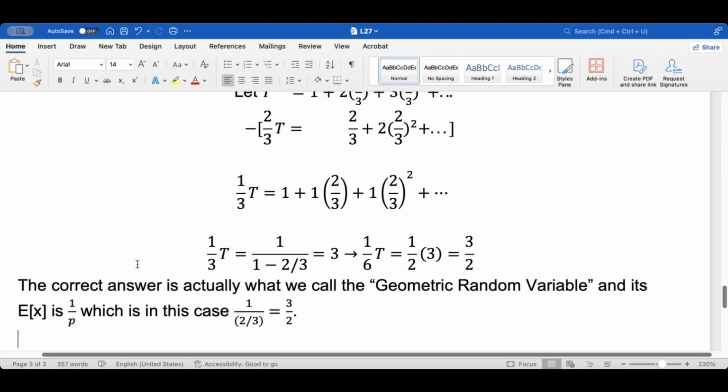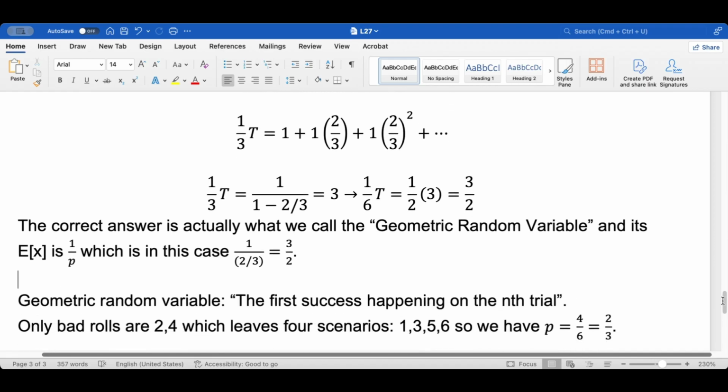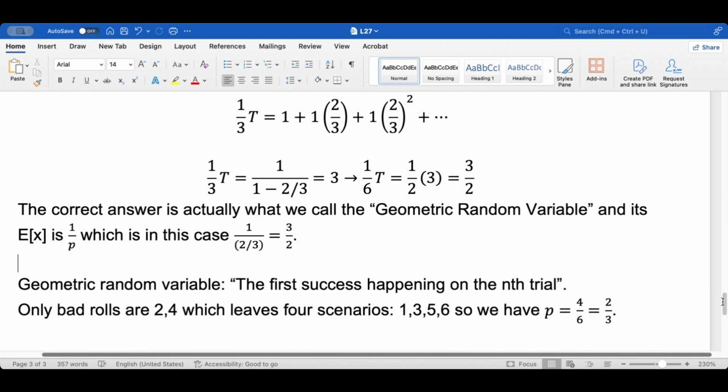The correct answer is actually what we call a geometric random variable, and the expected value is the reciprocal, 1 over p. In this case, p is actually 2/3. The geometric random variable refers to the first success happening on the nth trial. It's a little bit of a strange setup here. I leave this to something that you can discuss.